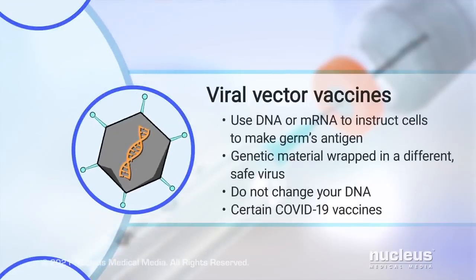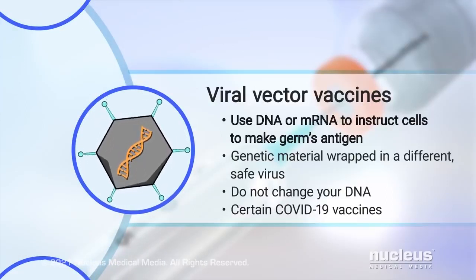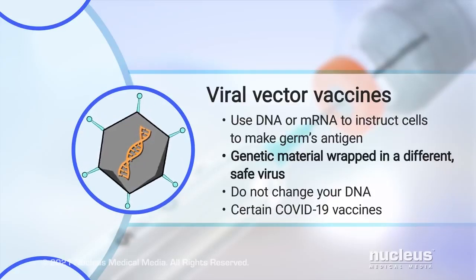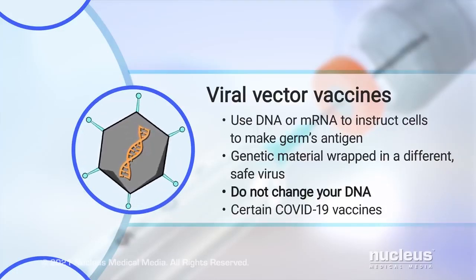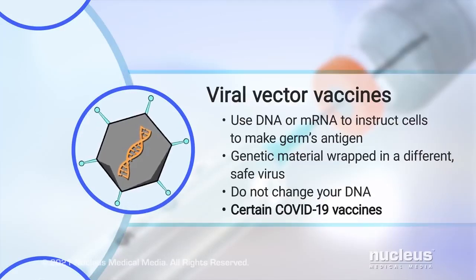Viral vector vaccines may use either DNA or mRNA to provide cells with instructions to make a germ's antigen. The genetic material is wrapped in a different, safe virus to take the instructions into your cells. These vaccines do not change your DNA. Examples are certain COVID-19 vaccines.